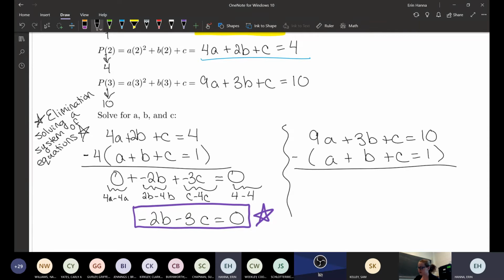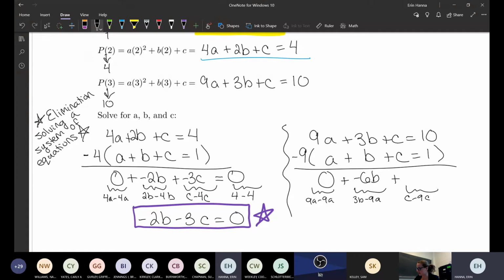So what I would need is to subtract that second equation multiplied by 9, because I need to cancel out this 9A, so I'd have to build it up to a 9A. So we get 0. I'll do this one out in full generality, 9A minus 9A. 3B minus 9A would give us negative 6B.